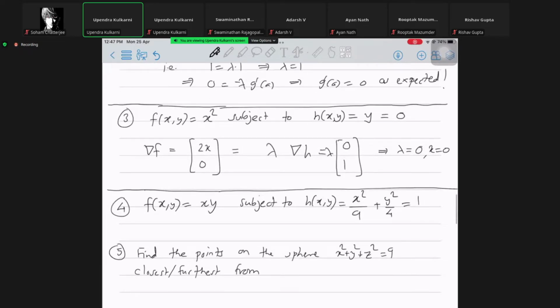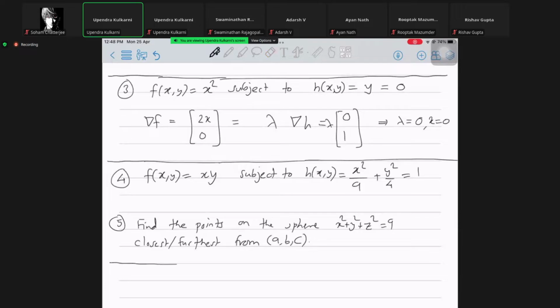Okay, so he has a specific example. So let us say (a, b, c). I don't know how easy it is going to be to do in terms of a, b, c. And maybe I'll also just say 3.